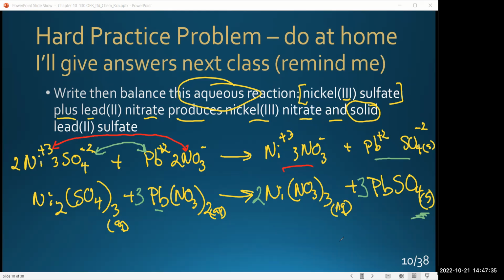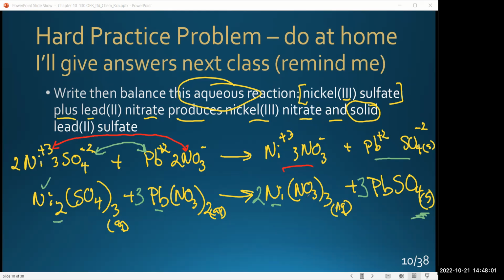That balances out the lead. The nickel on the product side is 2. By default, the nature of the beast, the nickels are taken care of because we start off with nickel subscript 2. So nickels are good. And let's find out if everybody's good. We've got 2 nickels on the left.